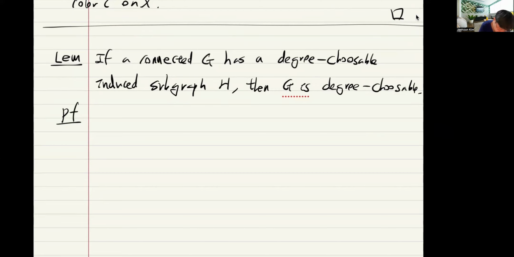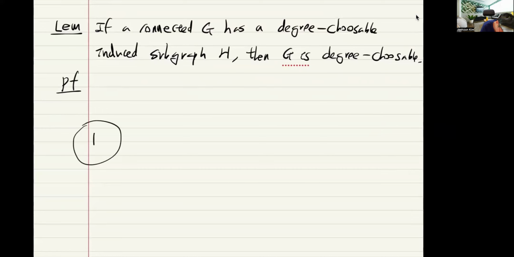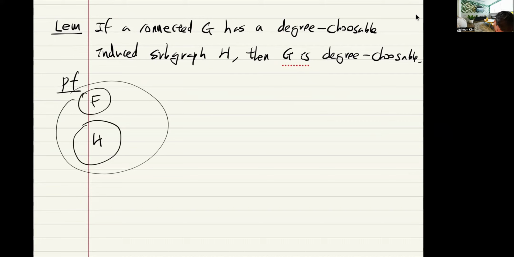So basically, how do we prove this? You have this subgraph H. And in G, if you take out H, then you have the connected components.